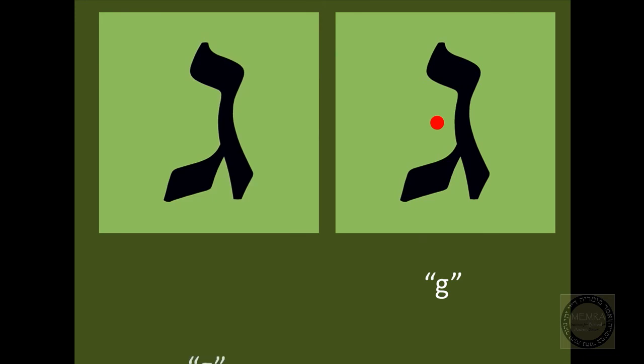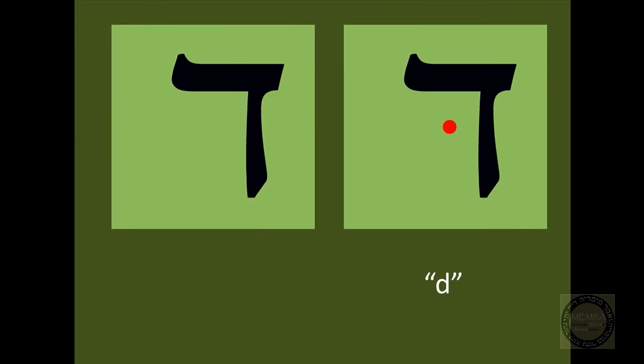We have g, gimel, and without the dot, to our ear, it's the same, g. No discernible difference. We have d, dalet, and without the dot, again, to our ear, no discernible difference.